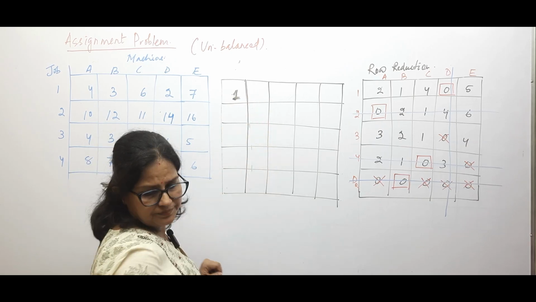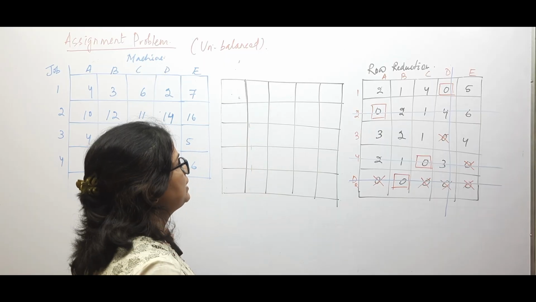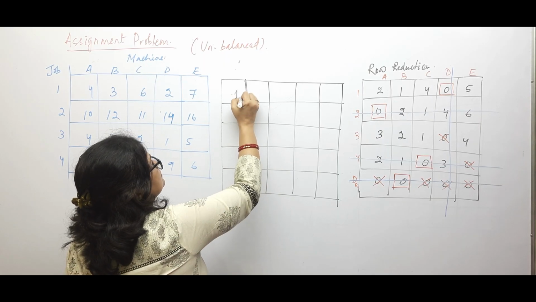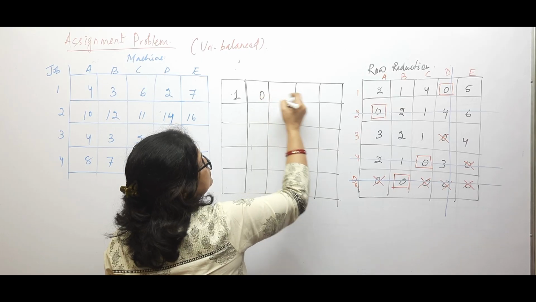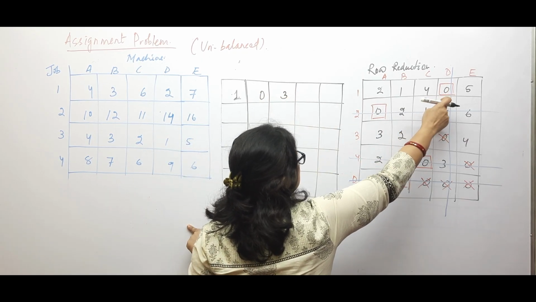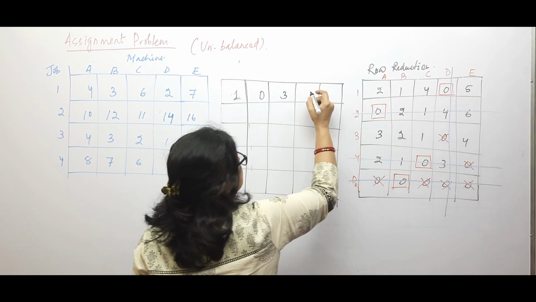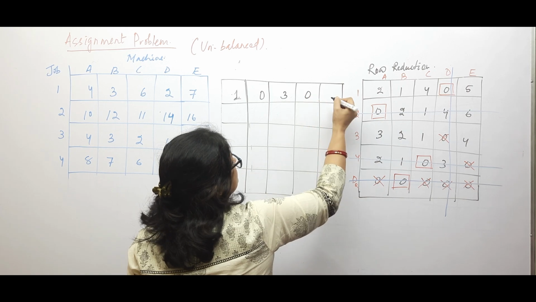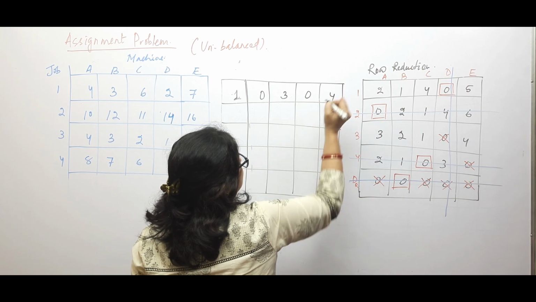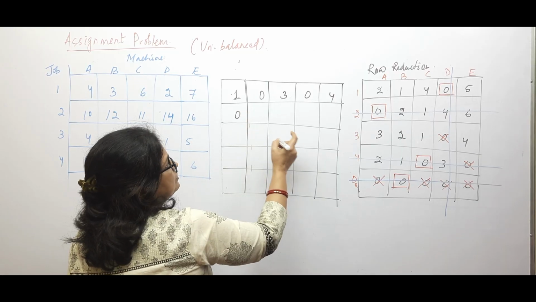Then 0. 2 minus 1, 1. Then 1 minus 1, 0. 4 minus 1, 3. This will not change because the line exists on this cell. So this will be as it is. Then 5 minus 1 is 4. Here 0, there will be no change.